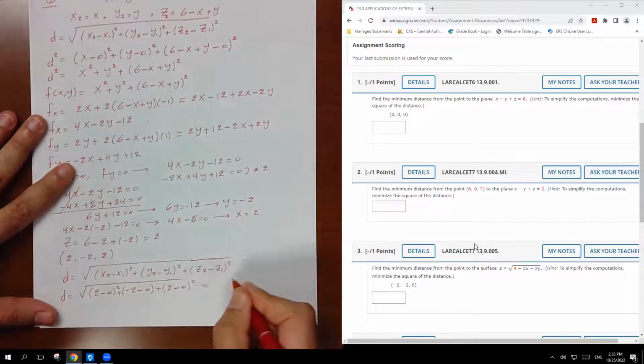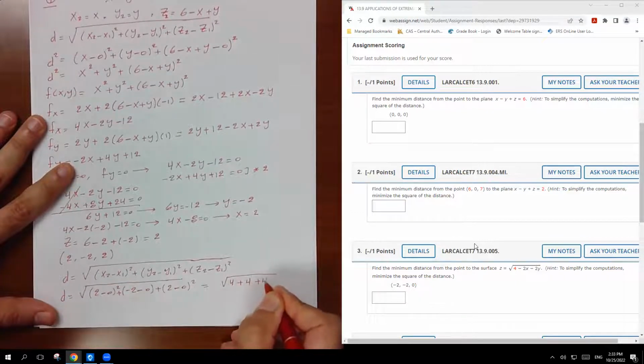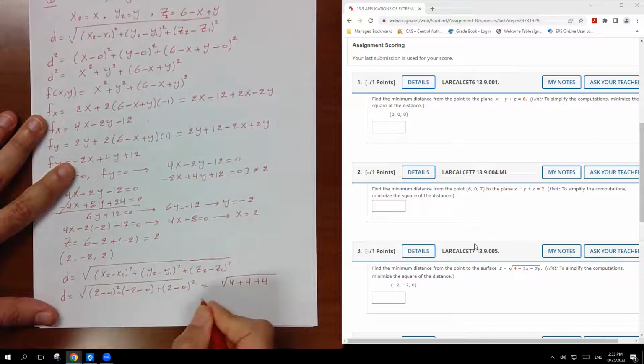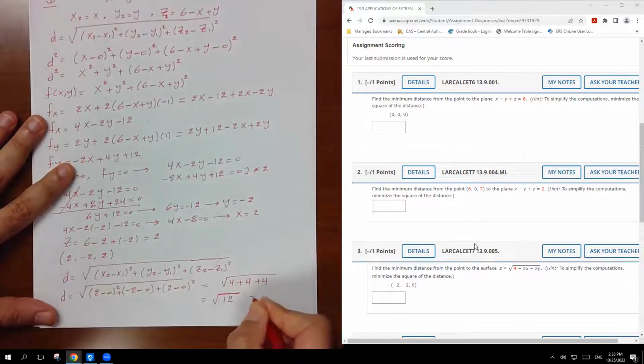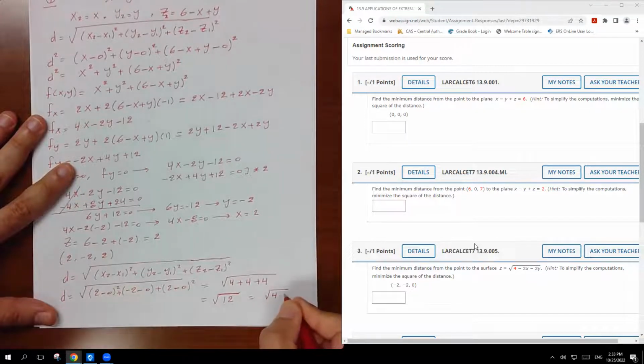That is the square root of 4 plus 4 plus 4. And this one is going to be the square root of 12, which is the square root of 4 times 3, which is equal to 2 square root of 3.